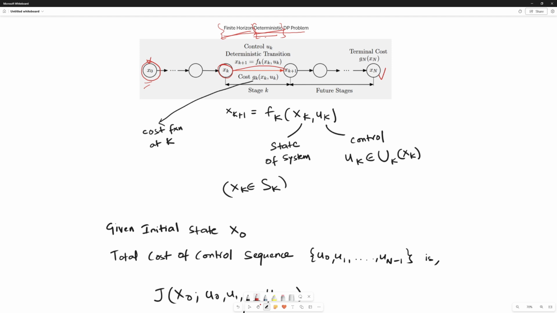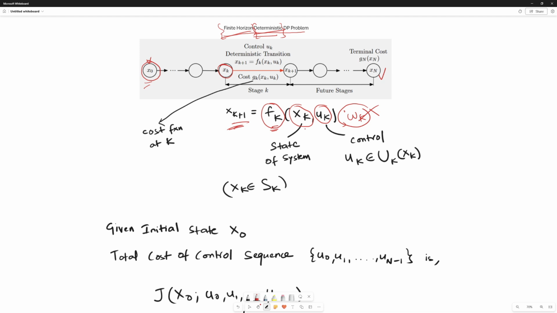And it is deterministic, right? So the control equation is given by xk plus 1 is equal to f of k given a state xk and uk. This equation will determine what is the next state, xk plus 1, and this is deterministic, right? There is no stochastic term here. There is no wk, that would be the stochastic term. Since there is no stochastic term, it is a deterministic equation.